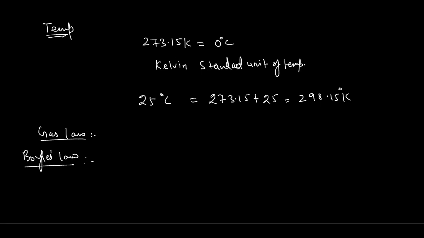So they noticed that if we have P, V, n and T, and we fix these two, n the number of moles and T the temperature, meaning there is no leakage from the container, and the number of moles is fixed, which means the mass of the gas is fixed. If the number of moles is fixed, then the mass must be fixed. If the mass is variable, then the number of moles will be variable.